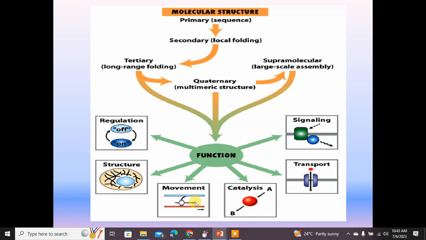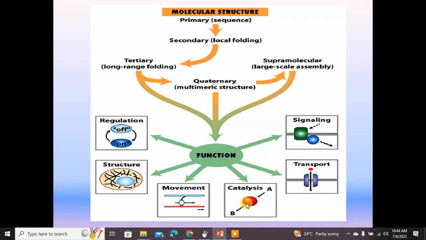It contains almost 3600 amino acids. And a very popular muscular disease, Duchenne muscular dystrophy, is linked to this protein. So actually I wanted to convey that proteins are also involved in movements.